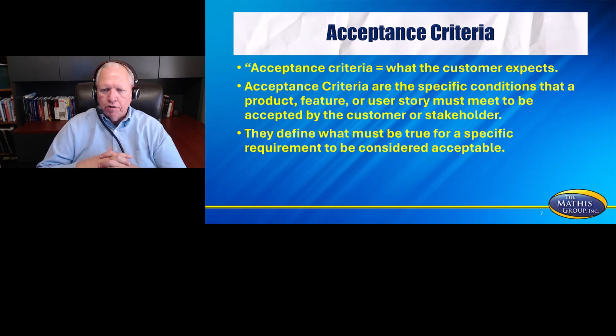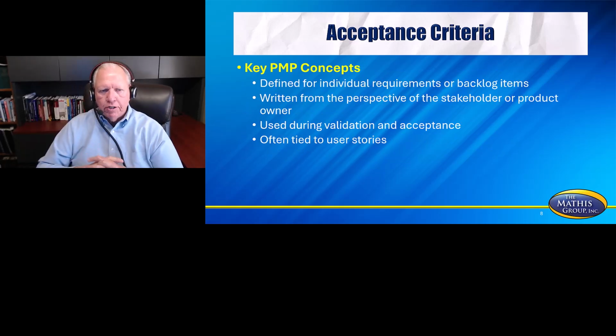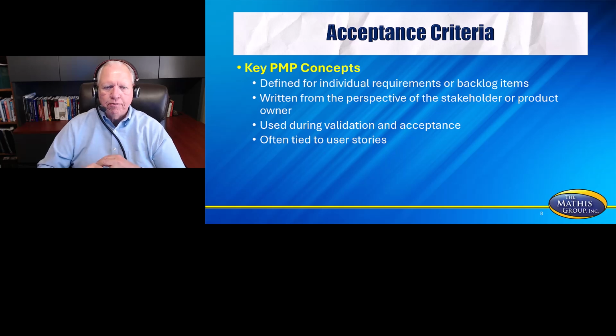Acceptance criteria are the specific conditions that a product, feature, or user story must meet to be accepted by the customer or stakeholders. They define what must be true for a specific requirement to be considered acceptable. Key PMP concepts for acceptance criteria: it's defined for individual requirements or backlog items. It's written from the perspective of the stakeholder or product owner.